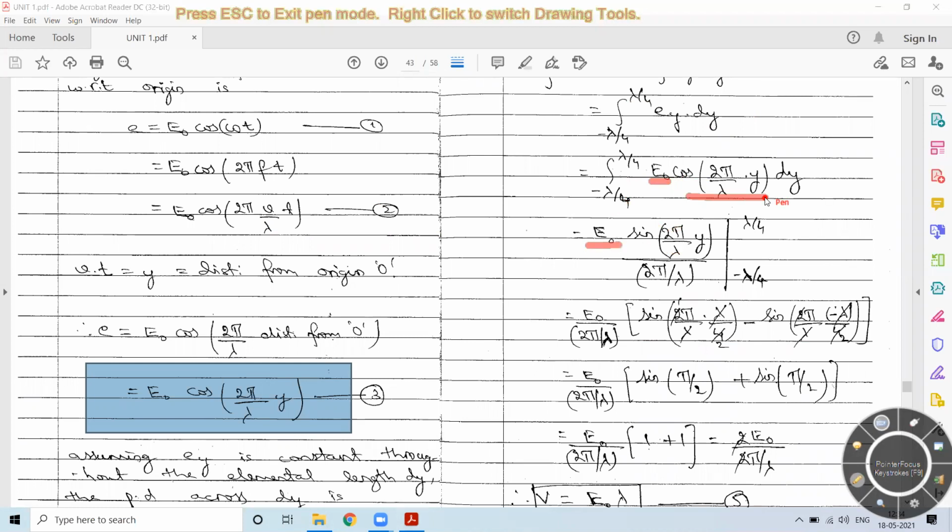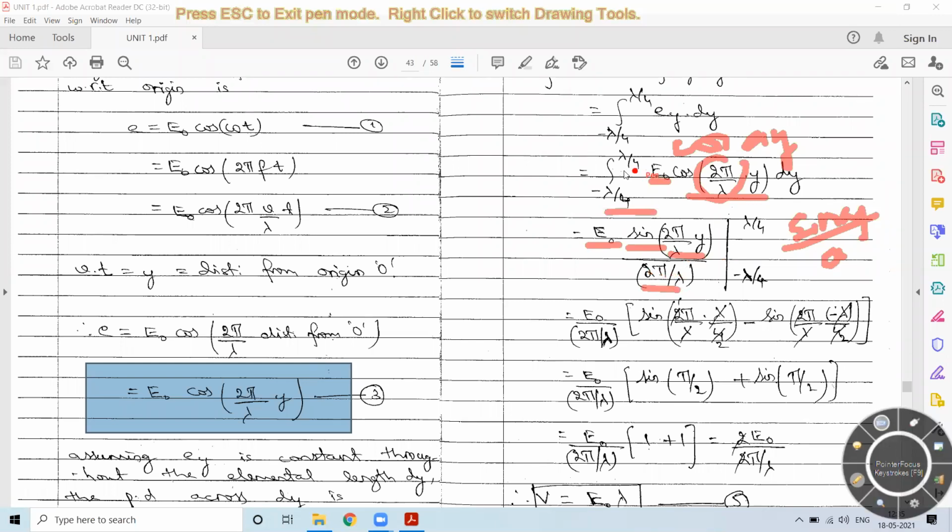Integration of cos is sine. So in this case, it is the integration of cos ay, where a is 2 pi by lambda. So the integration of this will be sine of ay divided by a. Now what is a? a is 2 pi by lambda. So sine of 2 pi by lambda into y, divided by 2 pi by lambda.